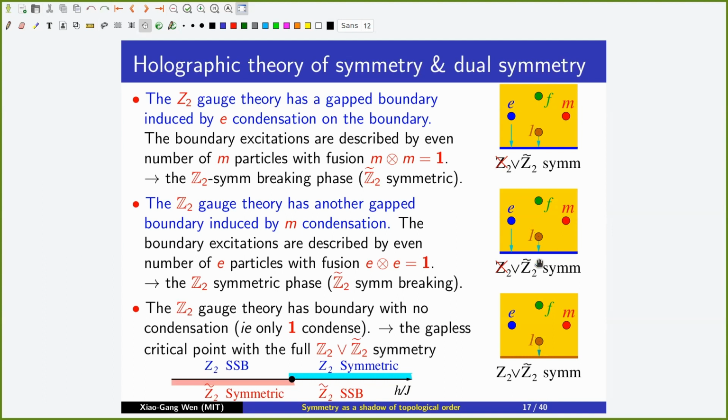We do not get an SPT phase here because in one dimension a single Z2 symmetry doesn't have SPT phases. But when you have an SPT phase, that's when you have Z2 cross Z2 symmetry. Then the categorical symmetry will be a Z2 cross Z2 gauge theory in one higher dimension.